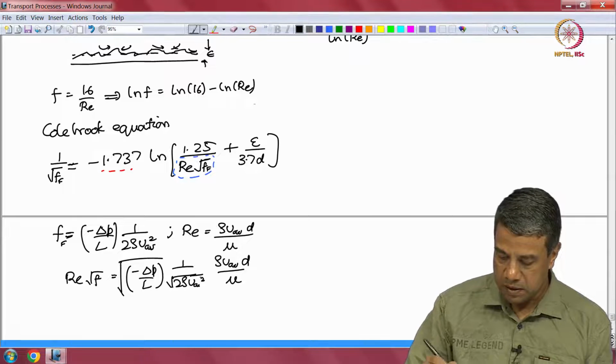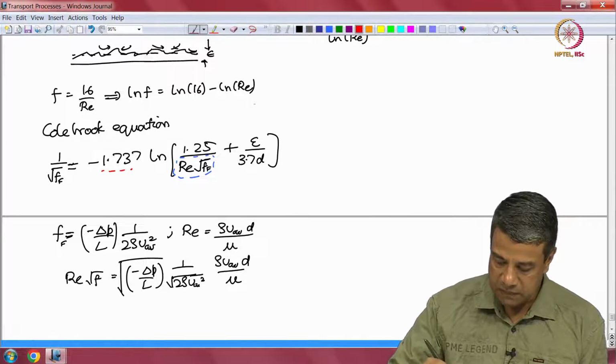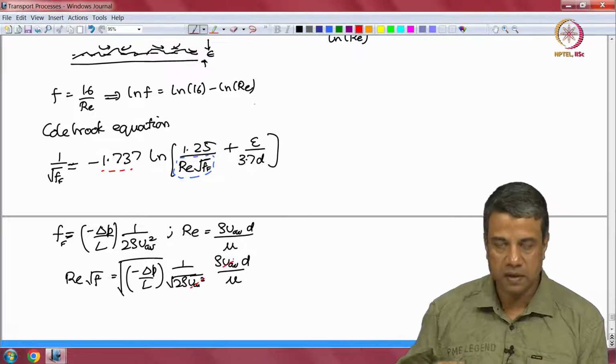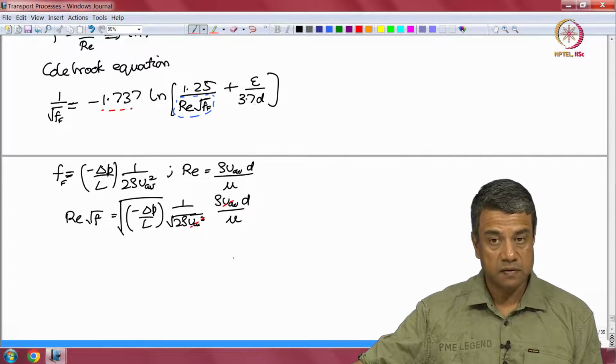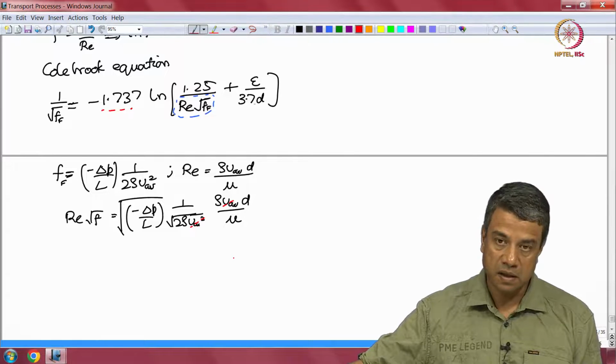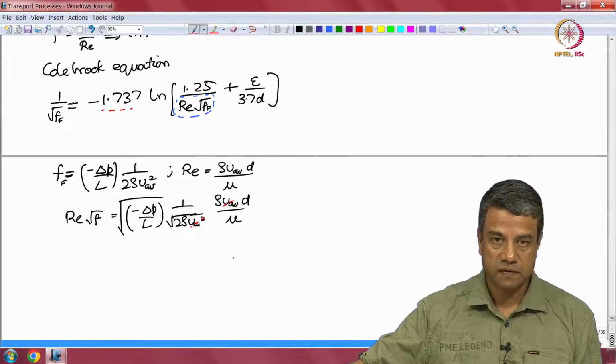You can see that the V average cancels out between the Reynolds number and the friction factor. So, Re root f is only a function of the pressure difference.